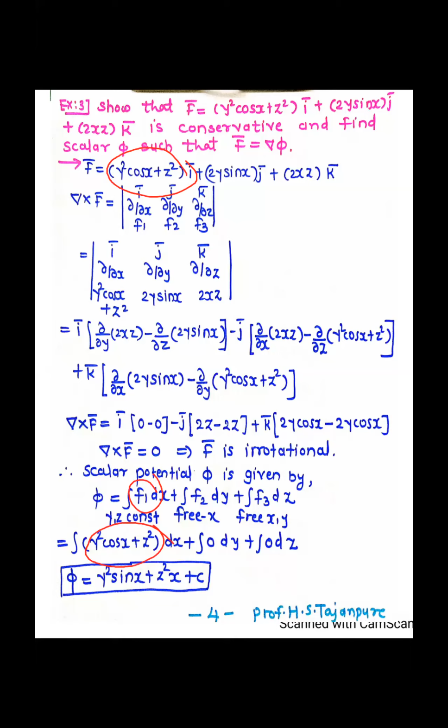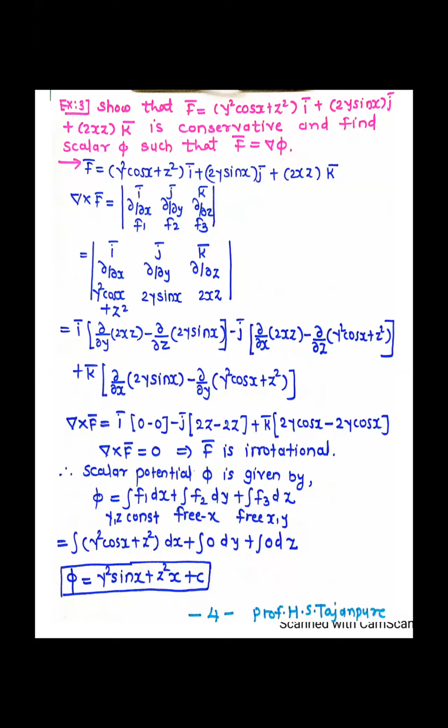Collect such a term from f2 which is free from x. f2 contains only one term, 2y sin x, which contains x. So neglect the complete term. And f3. Again from f3 we have to collect such a term free from x and y both. It contains only one term which contains x. So neglect the term, that is integration 0.